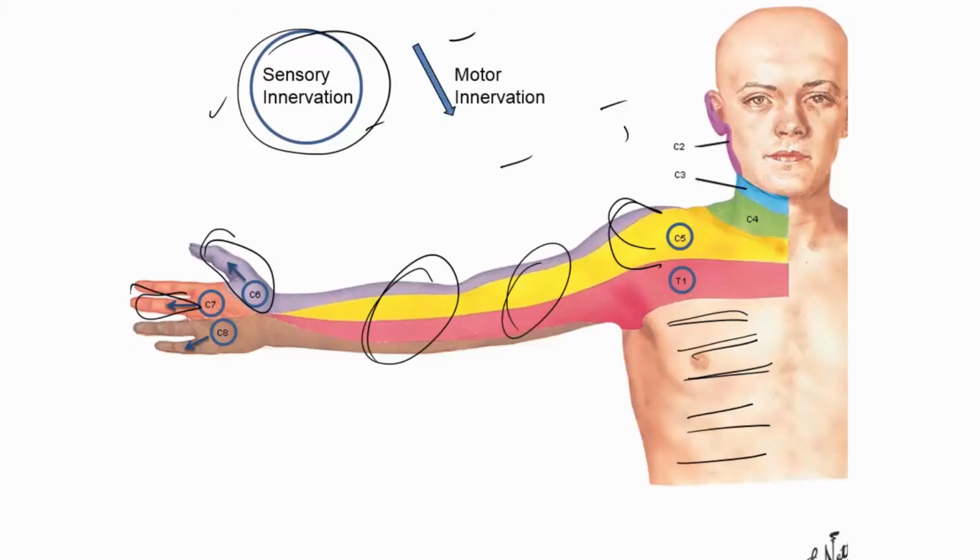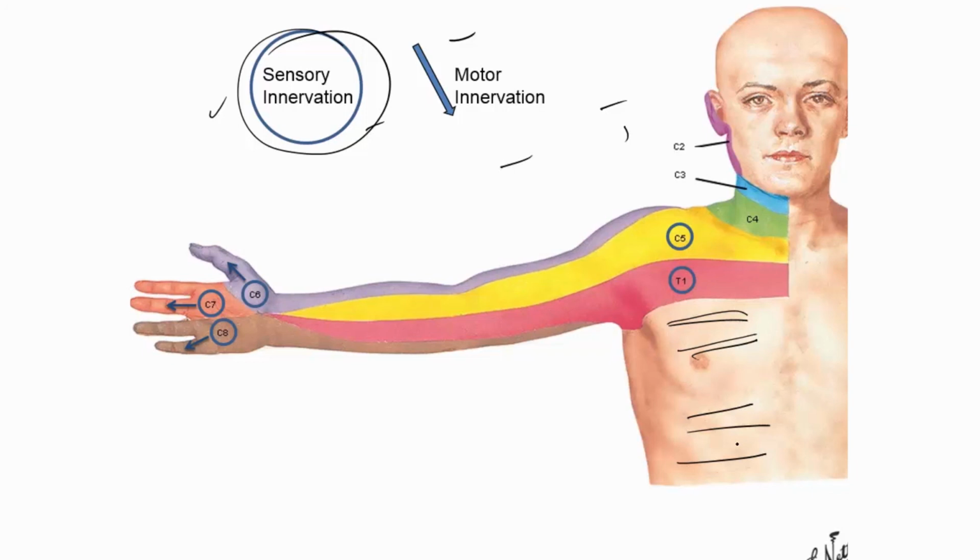If we look at motor innervation, not cutaneous, but motor innervation, in other words, how does it affect function if we have damage to an individual spinal segment? If we affected C5, abduction would be most affected. So I'm not saying that it's only C5 that produces abduction, but it's mostly C5.